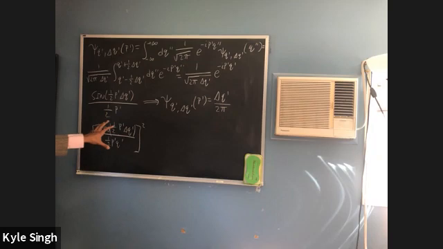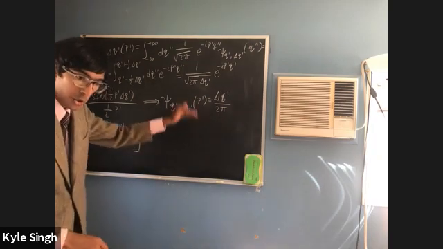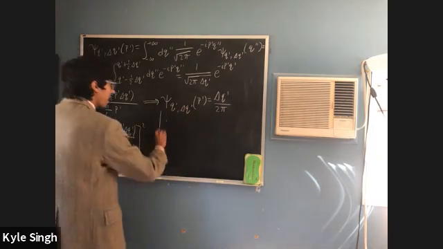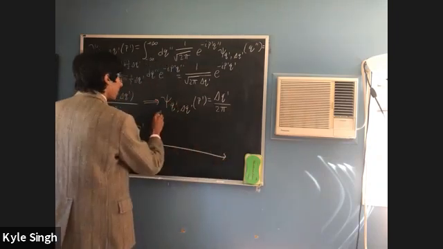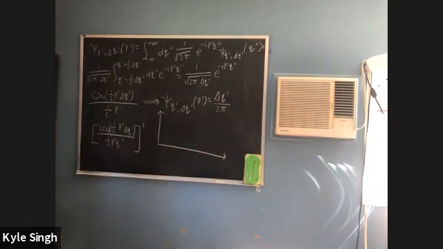Okay, so I get an expression for psi of p prime just by doing this integral. And I get this graphically, which I just graphed, and I wanted to see the spectrum.